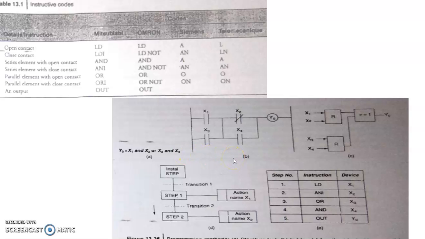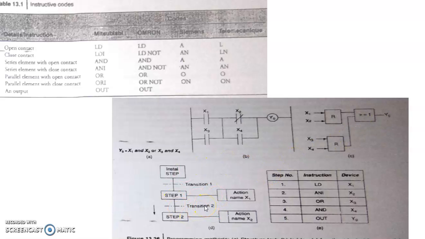Similarly, figure B shows us ladder diagram which has output y0, x1, x2, x3, x4 are the inputs. Then figure C shows functional blocks which again has 4 inputs from x1 to x4 and output y0.